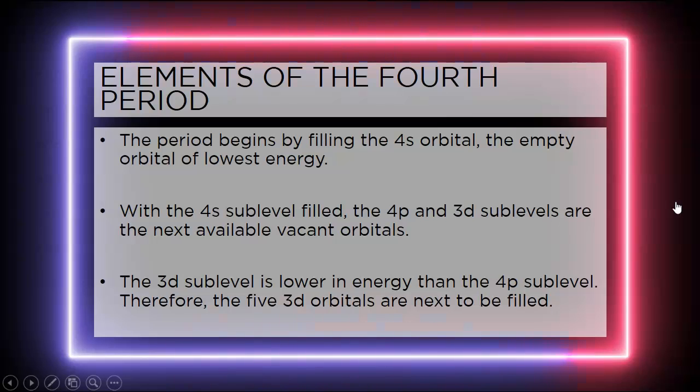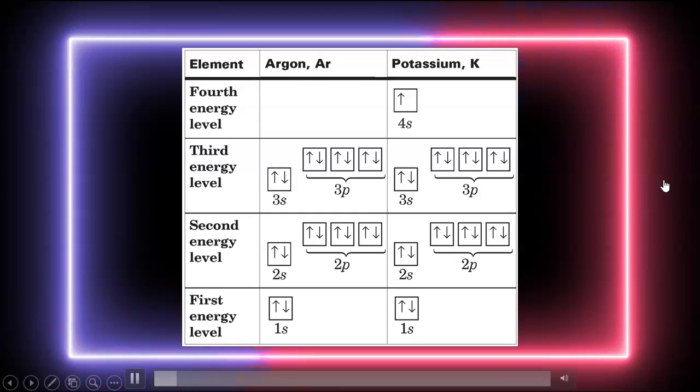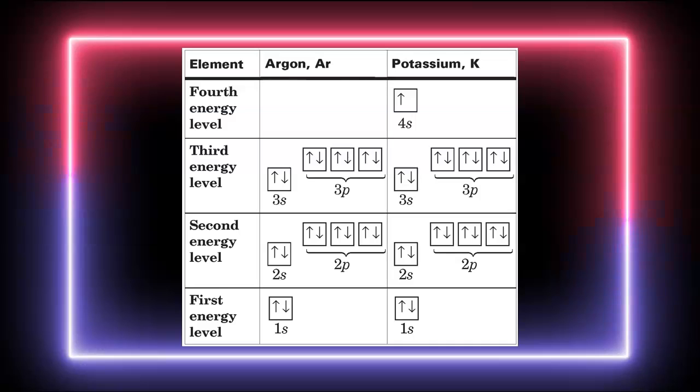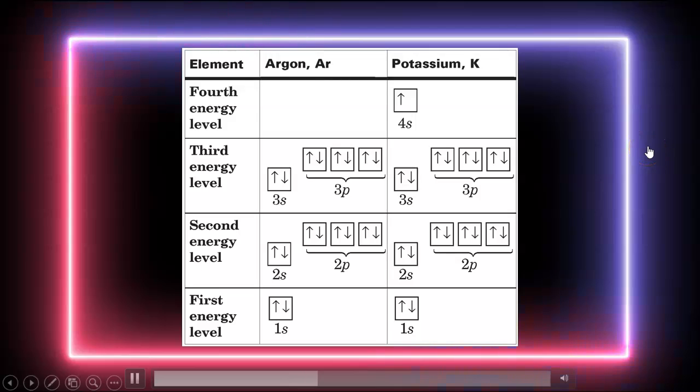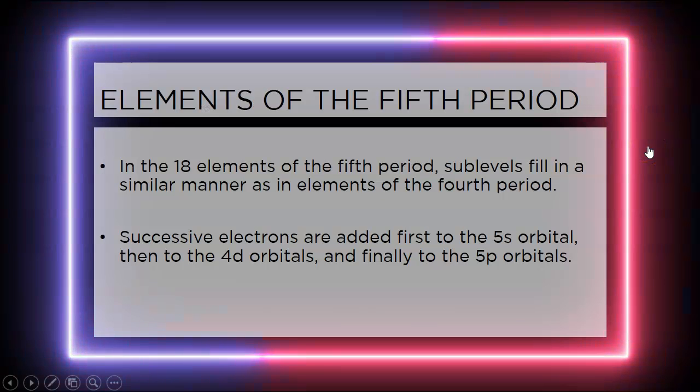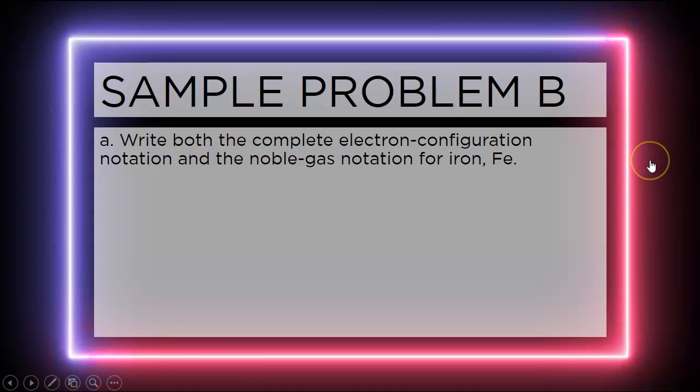We talked about the fourth period, how 3d is going to actually fill up before 4p. And you see that here in argon. And then potassium, you see that 4s fills up in the fourth energy level. And then in the fifth energy level, again, we see that 4d filling up before 5p.